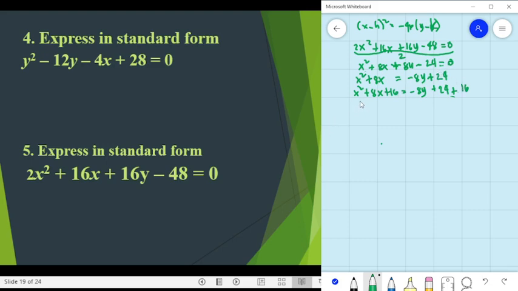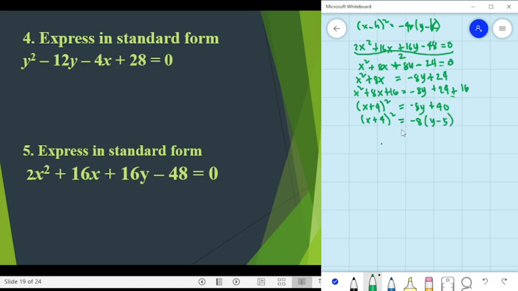Then factoring, this becomes quantity x plus 4 squared is equal to negative 8y, then 24 plus 16 is positive 40. So copy quantity x plus 4 squared, then factoring out the common factor negative 8, we have quantity y minus 5.